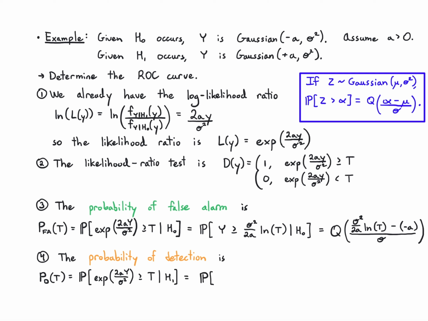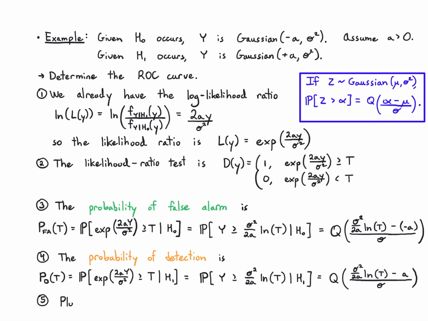That's the probability that y is greater than or equal to sigma squared over 2a log of t under H1. Using this Gaussian property, it's Q of sigma squared over 2a log of t minus a, the mean, over the standard deviation sigma.